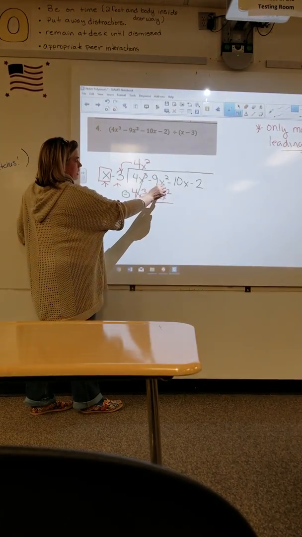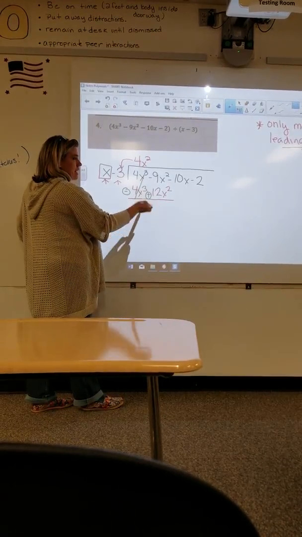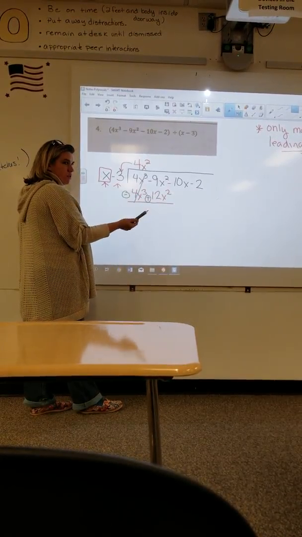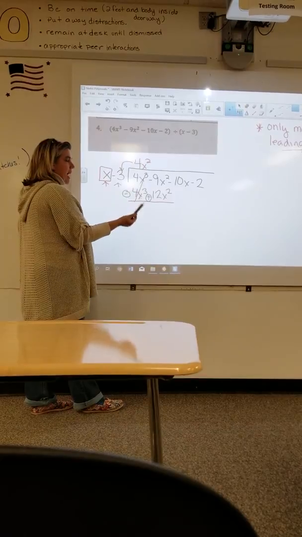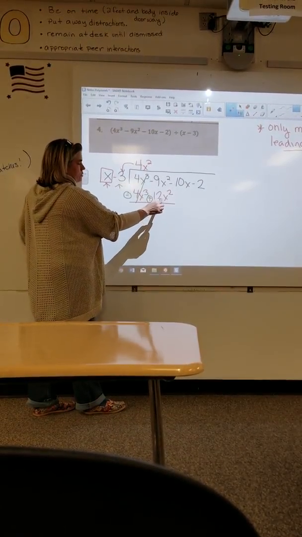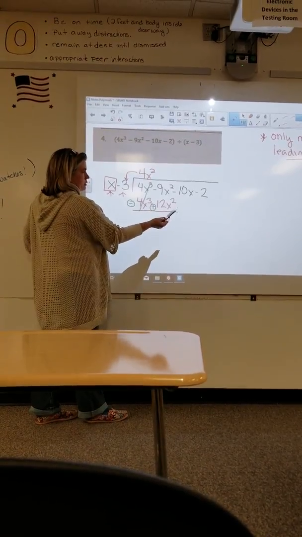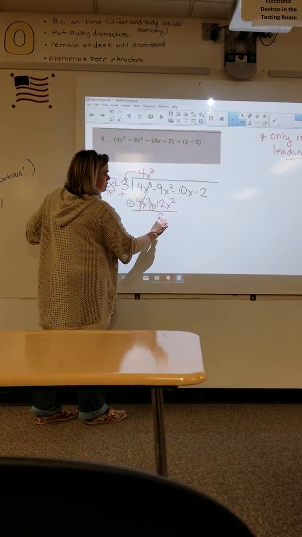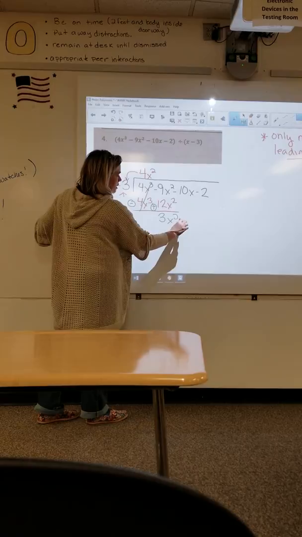Then negative 9x squared minus a negative. When you subtract a negative, what are you really doing? You're adding it. So negative 9 plus 12x squared is, so that's 3x squared.